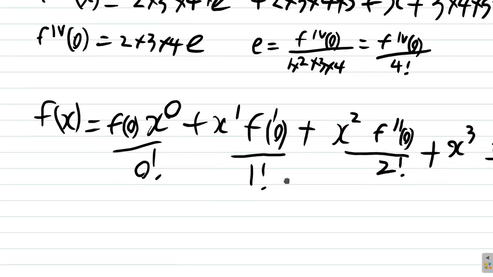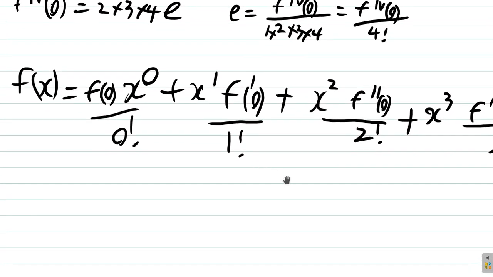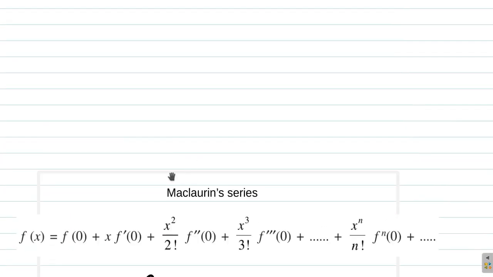So there we looked at what the original Maclaurin series is. It's just that we had put in some things that they don't generally show. This amounts to just f of 0 alone, because x to the 0 is 1 and 0 factorial is 1. So they generally just put the f of 0.